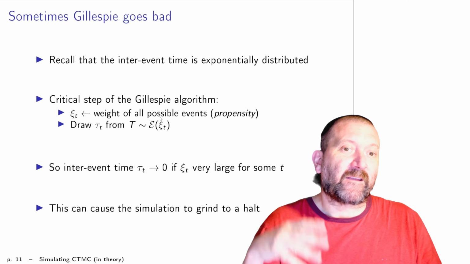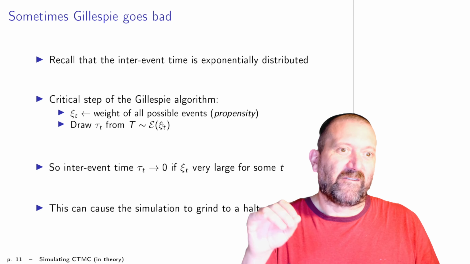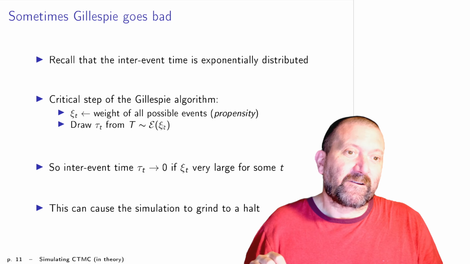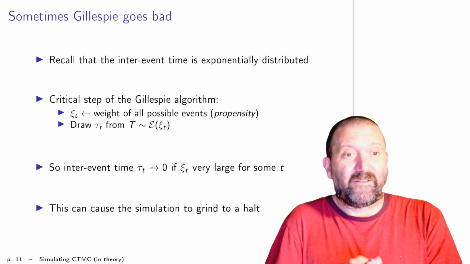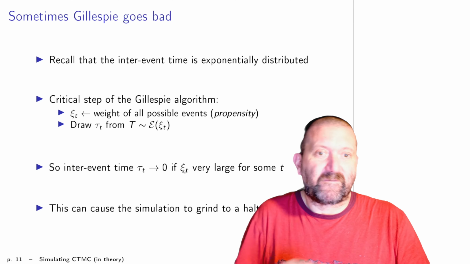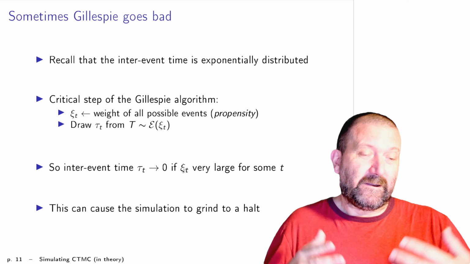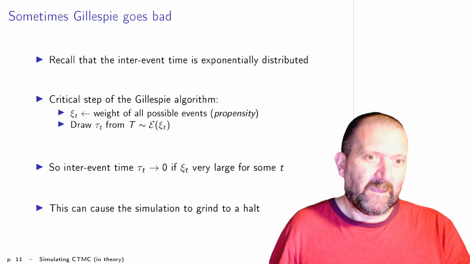So suppose that psi of t becomes very large. Well, you know that an exponential distribution with parameter psi of t has mean 1 over psi of t. That means that if psi of t is very large, then the mean time between events is going to become very, very small. So when psi of t is large at some point, it is very likely that tau t will be very small.